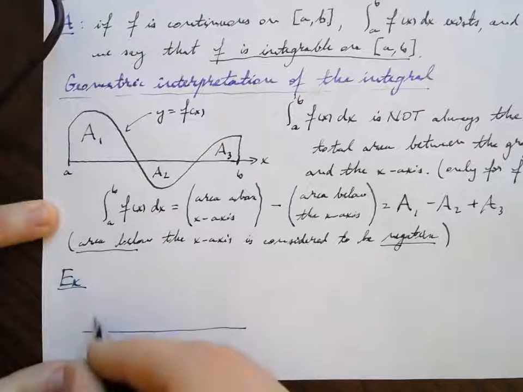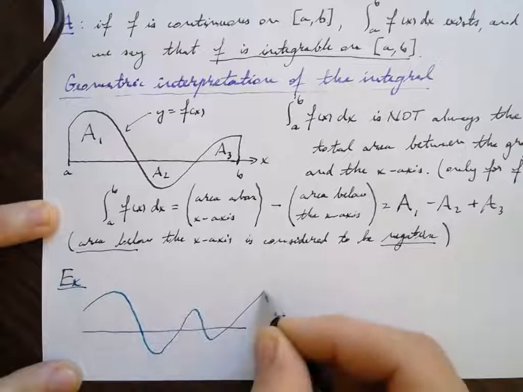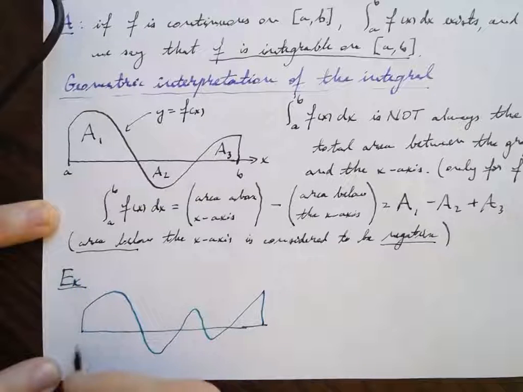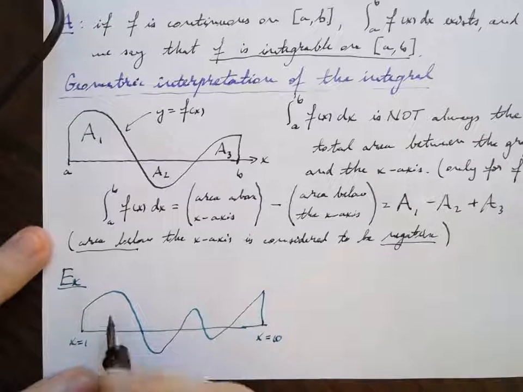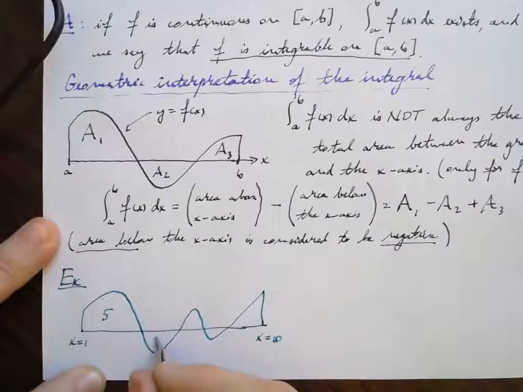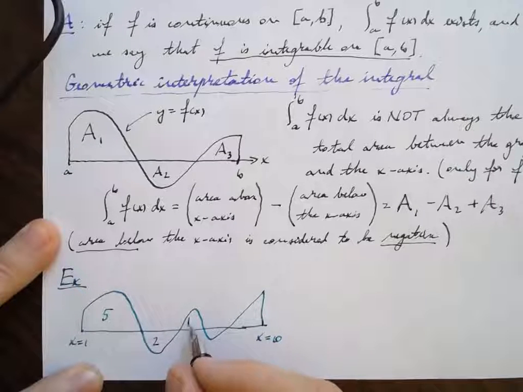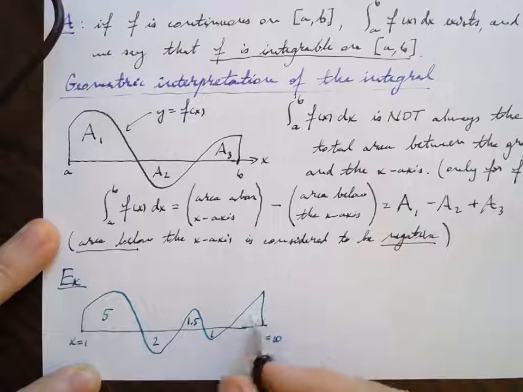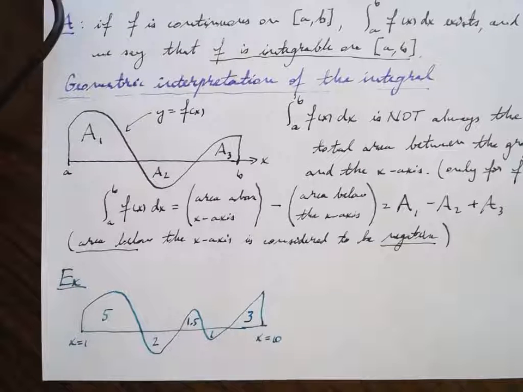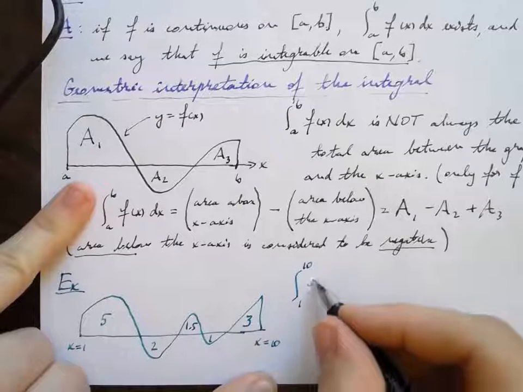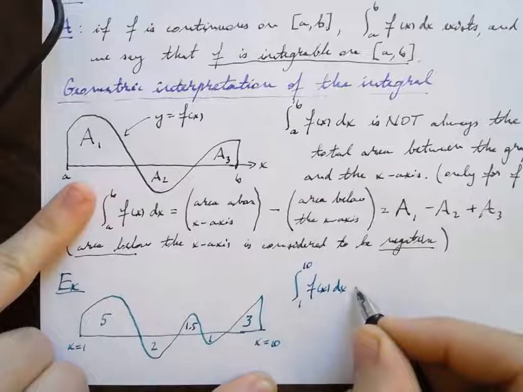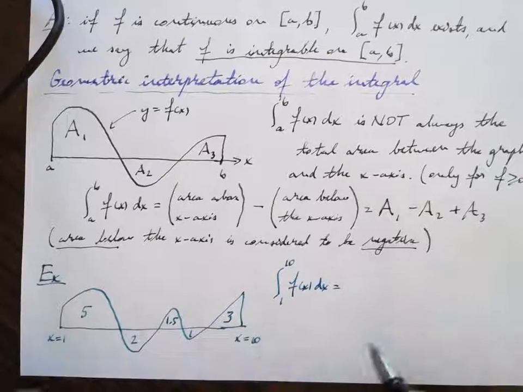If I'm looking at the following function, and let's say that this is x equals 1, x equals 10, and I'm telling you that the area here is 5, the area here is 2, the area here is 1.5, 1, and then maybe a 3 here, then for what I drew here, the integral between 1 and 10 of my function is going to be some number.